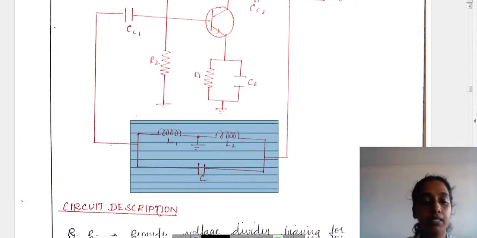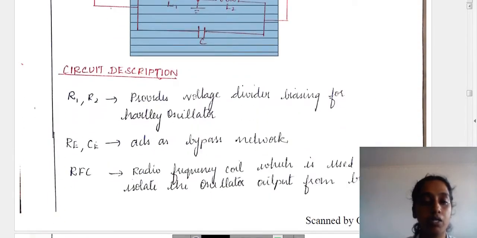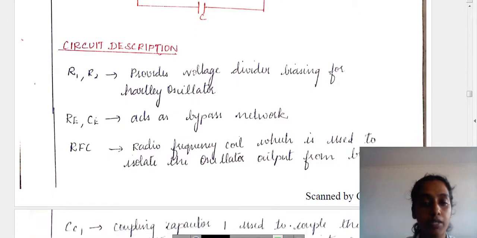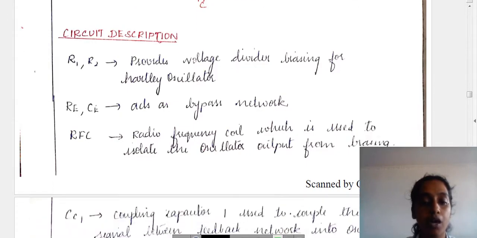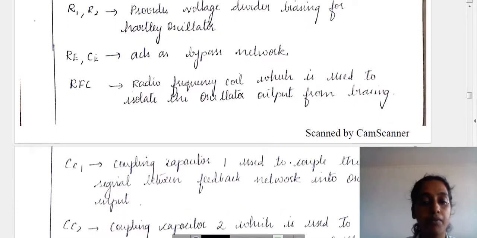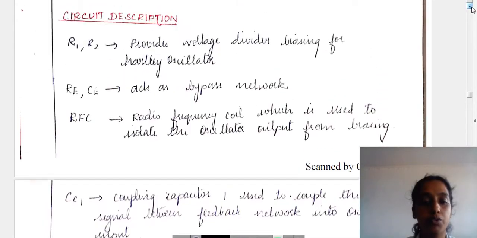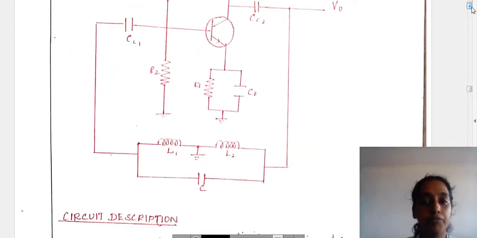So let us see the circuit description. R1 and R2 provide the voltage divider bias. RE and CE provide the bypass network. The RFC, that is the radio frequency coil, is used to isolate the oscillator output. And we have two coupling capacitors. The first coupling capacitor is used to couple the signal between the feedback and the input to the transistor.